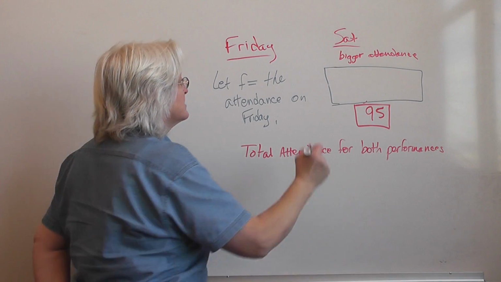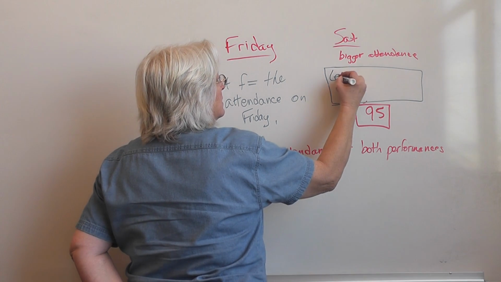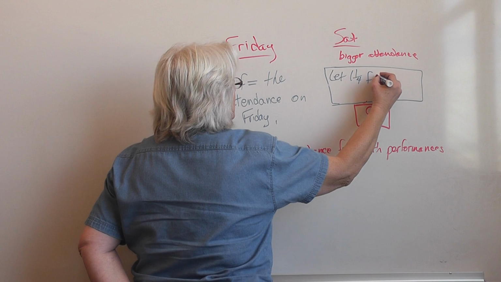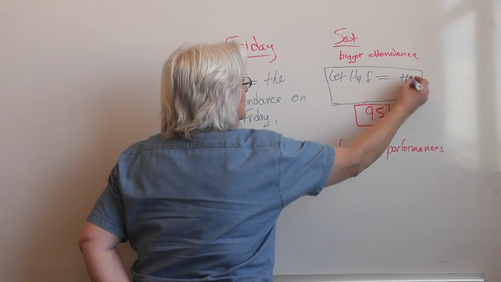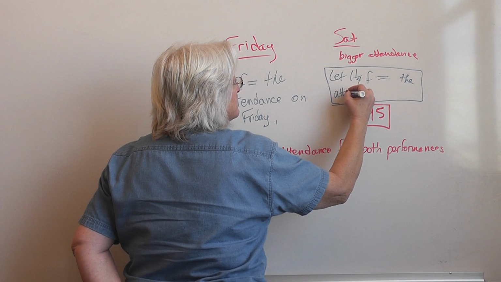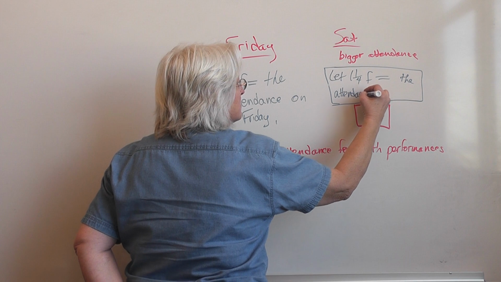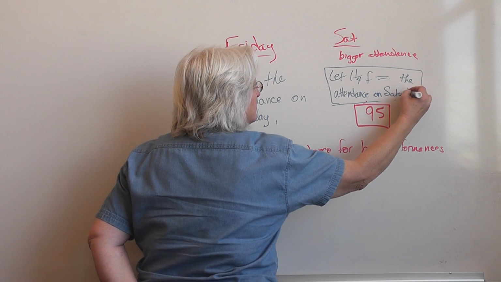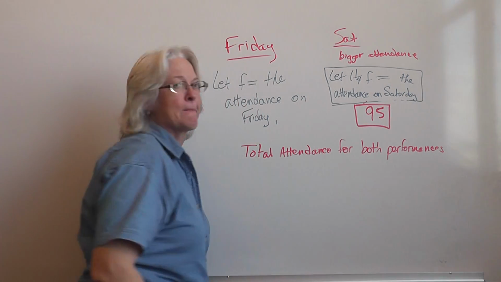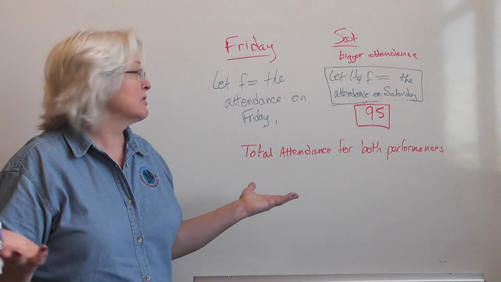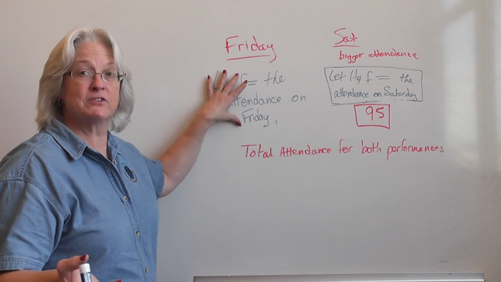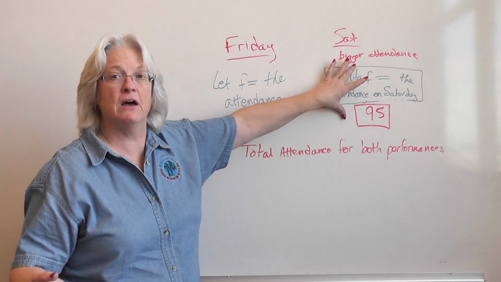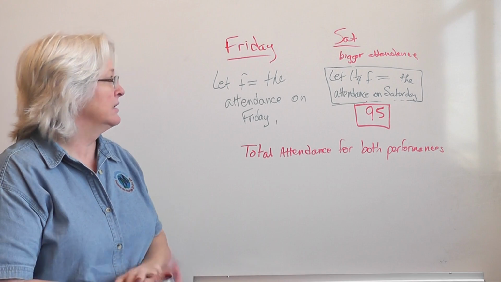So we're going to now say, let 1 1/4 F equal the attendance on Saturday. Very straightforward. F is Friday's attendance. 1 1/4 times F is Saturday's attendance.